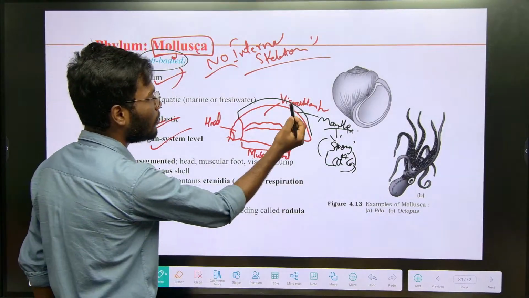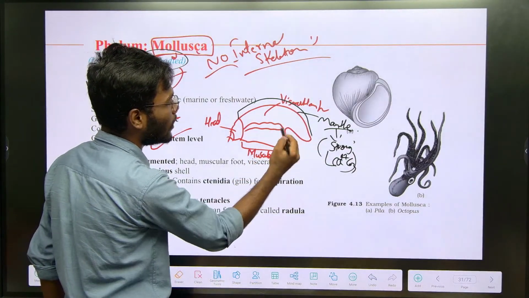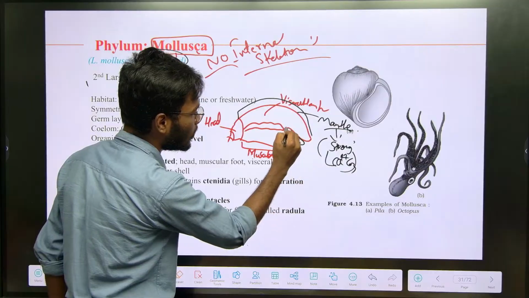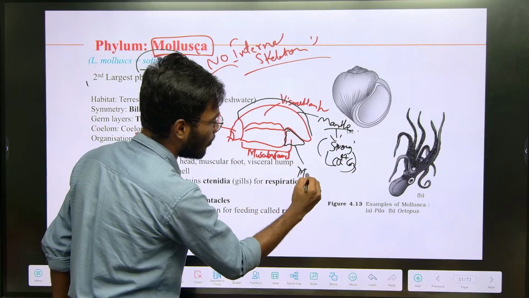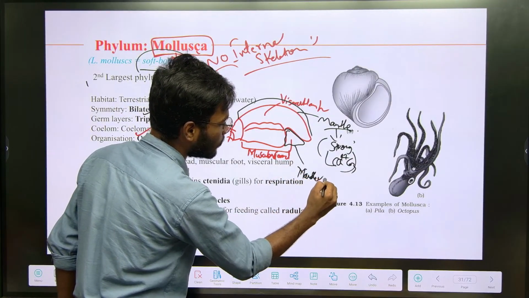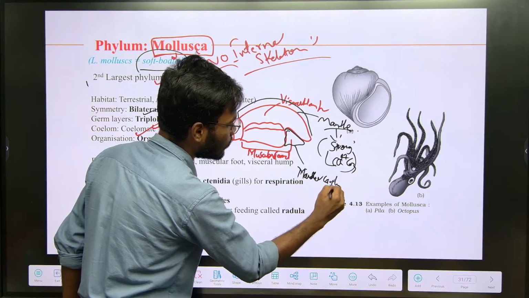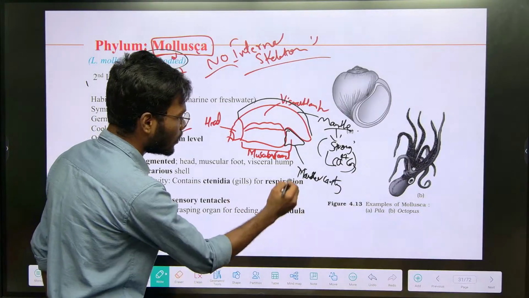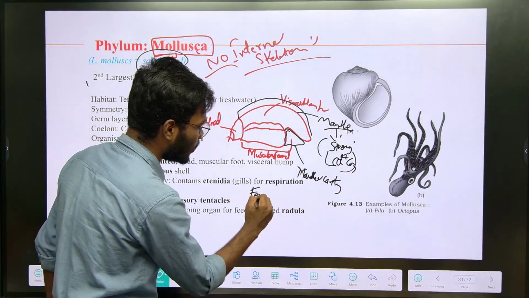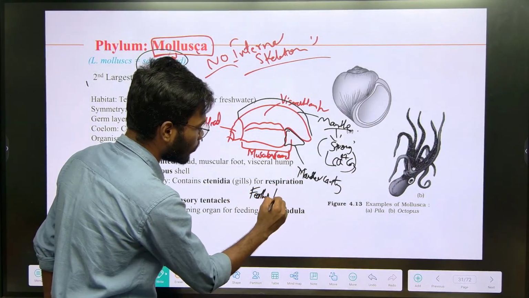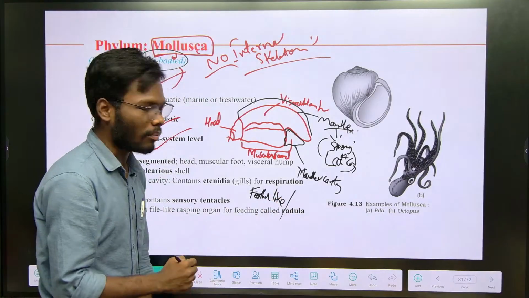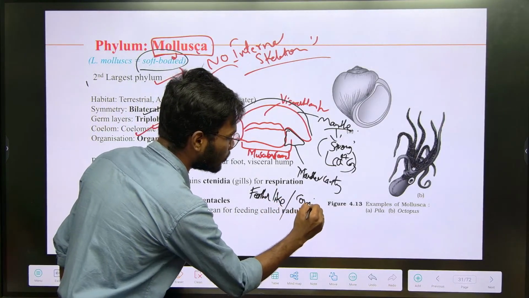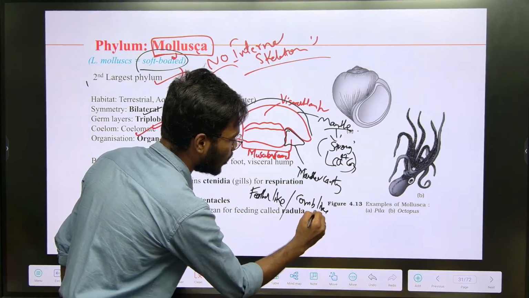Right? So in between the visceral hump and mantle, there is a cavity. This is called the mantle cavity. In this mantle cavity, there are feather-like gills. In some books they mention comb-like gills.